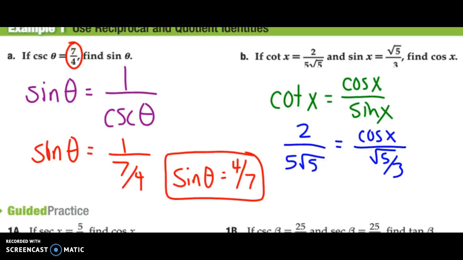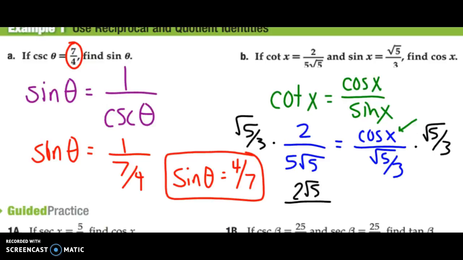So if we want to get cosine of x all by itself, we need to undo the dividing by the square root of 5 over 3. So I'm going to multiply both sides by the square root of 5 over 3. Square root of 5 times 2 on top would be 2 square roots of 5.